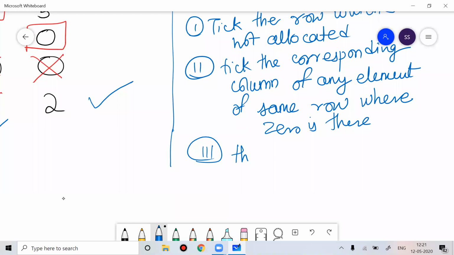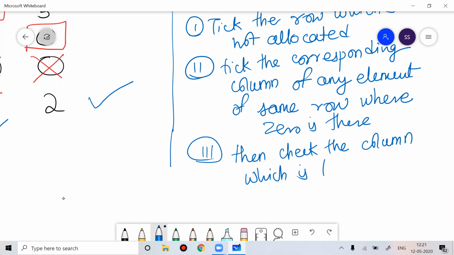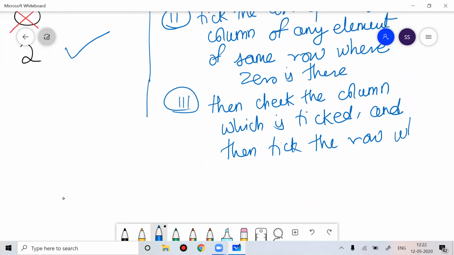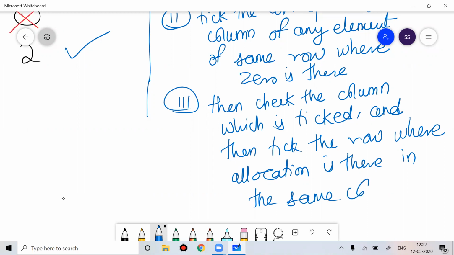Check the column which is ticked, and then tick the row where allocation is there in the same column.